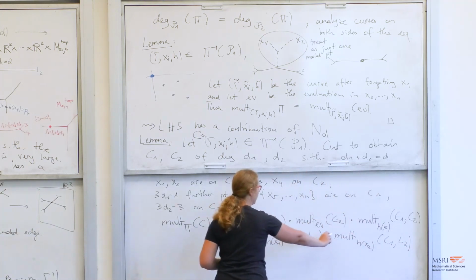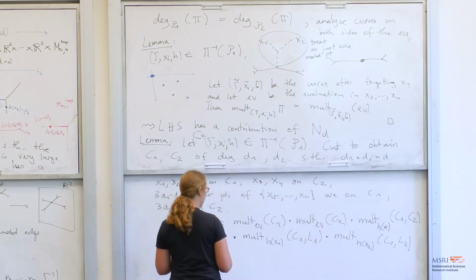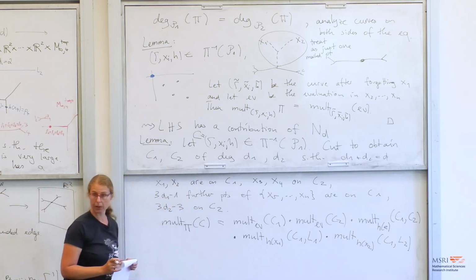And all those are intersection multiplicities as they appear in the Bézout theorem.